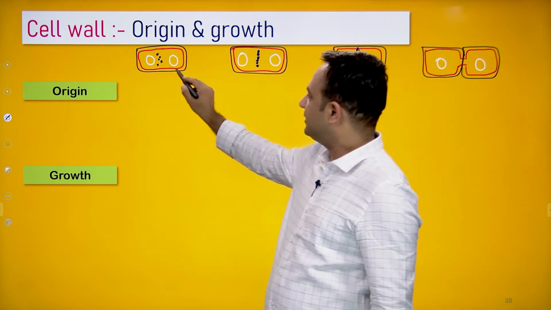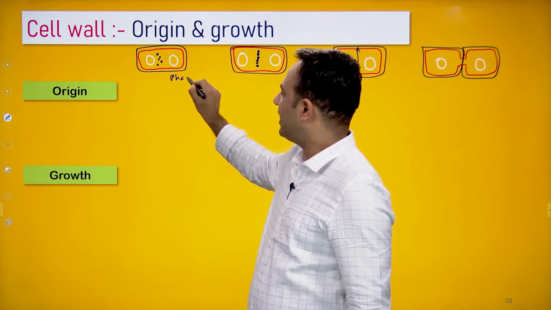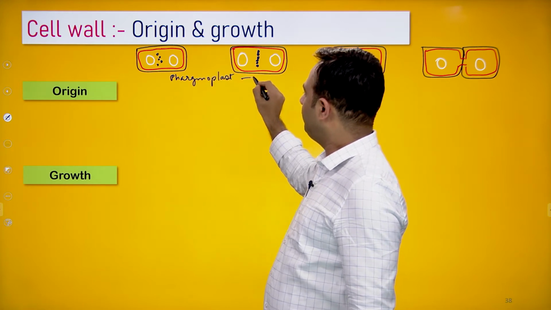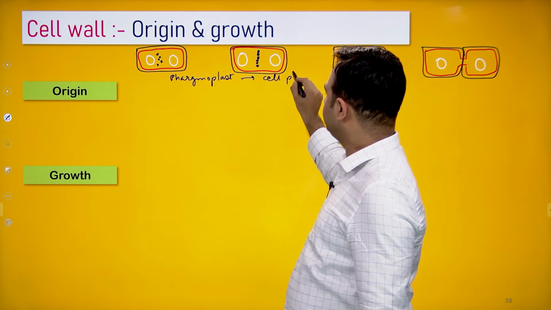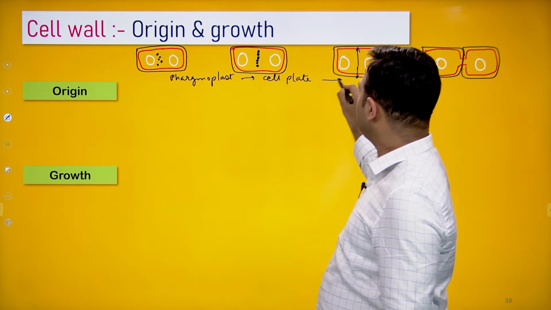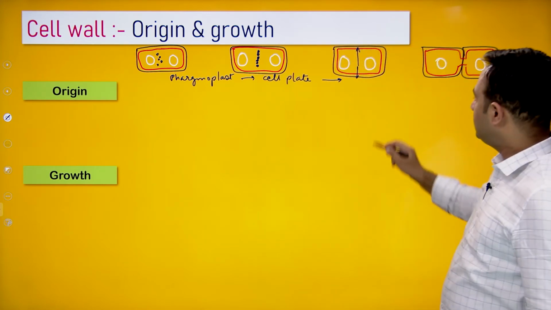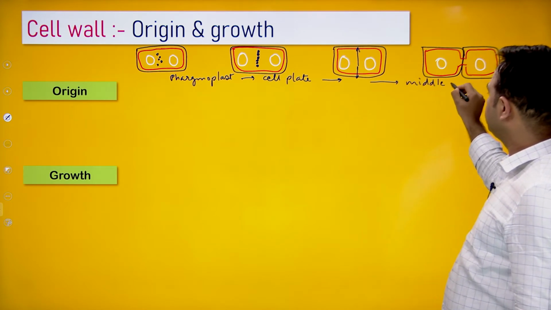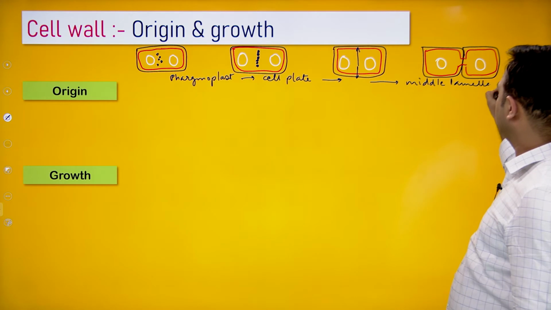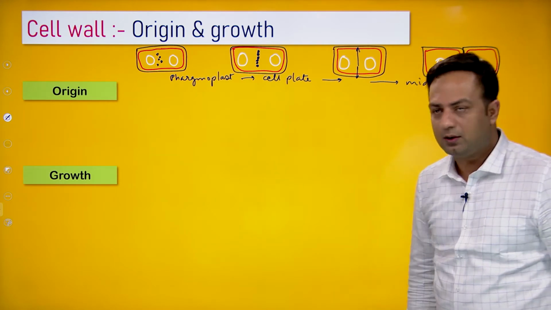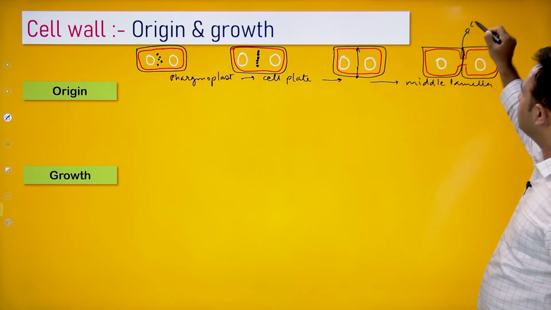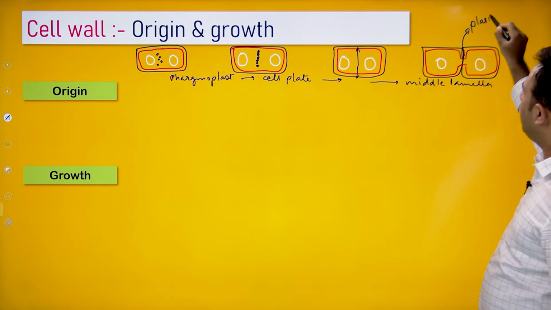So we say that this structure is actually the phragmoplast, which is formed as the cell plate. The cell plate is growing towards the periphery, and this cell wall resulted in the formation of the middle lamella, or you can say cell wall. And see here, the cells are interconnected. I will say this structure is plasmodesmata again.